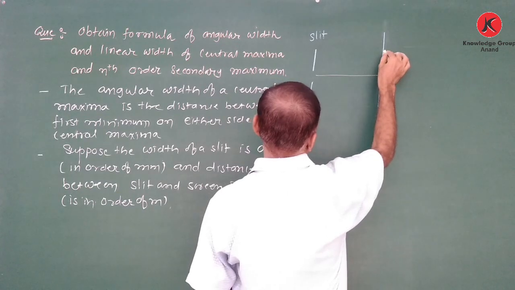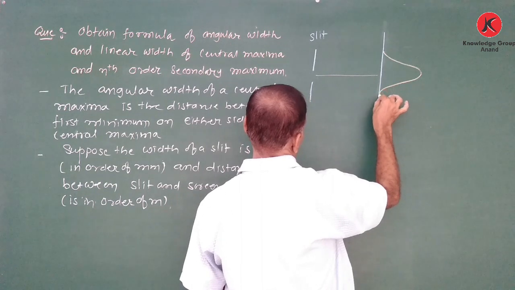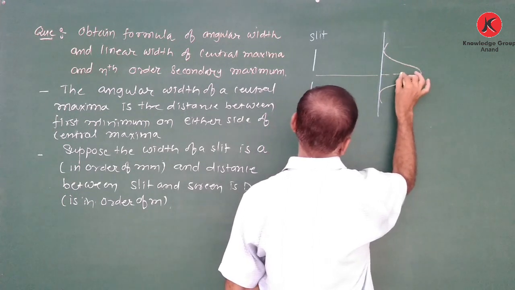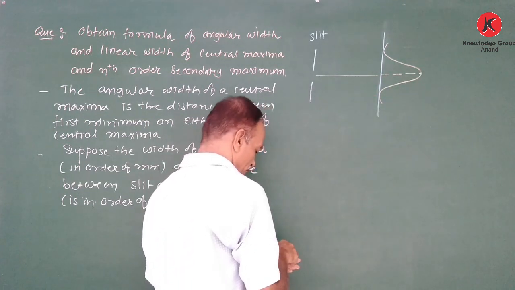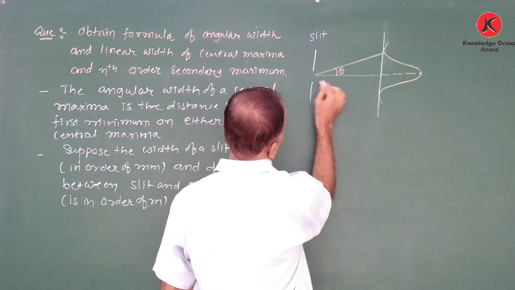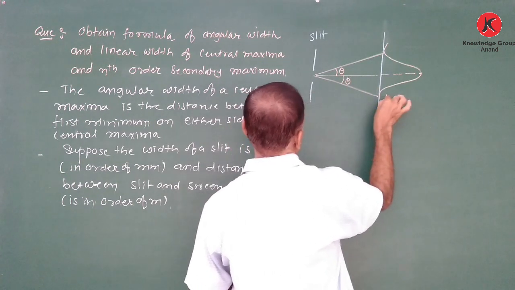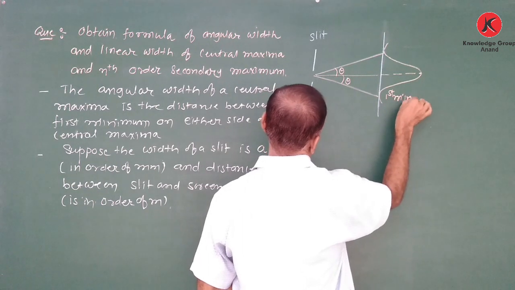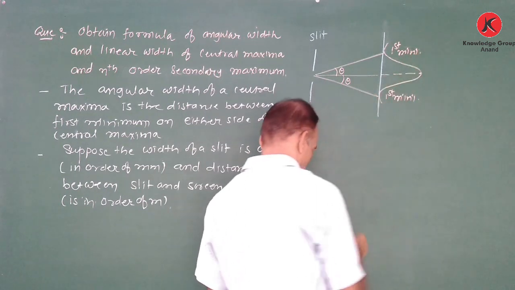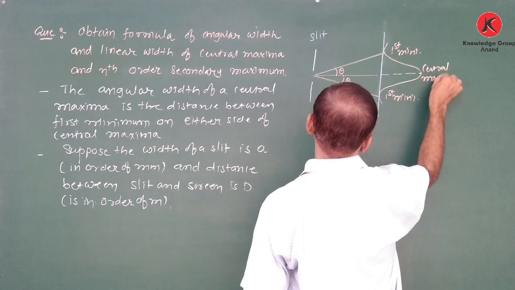Now as we draw the central maximum, the central maximum is like this. So there is the central maximum. Now from the slit, there is the angle theta. So this angle is also theta. So there is the first minimum. There is also a first minimum on the other side, and that is the central maximum.